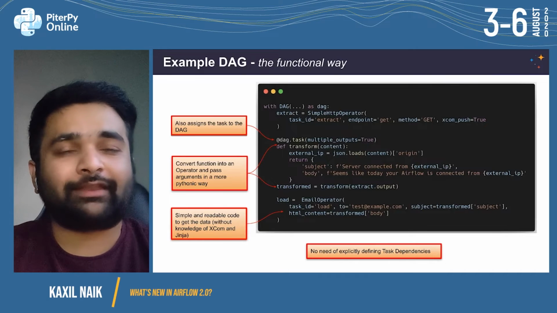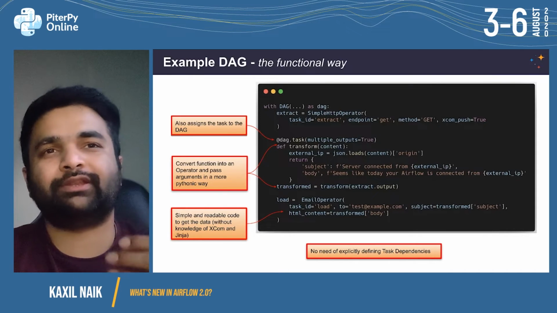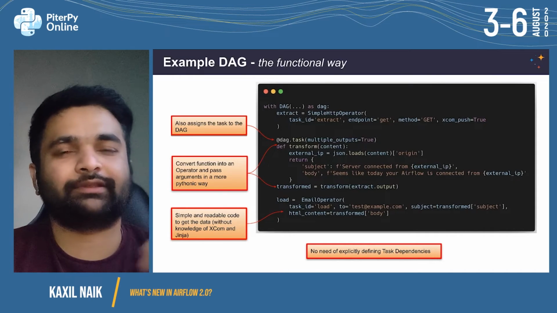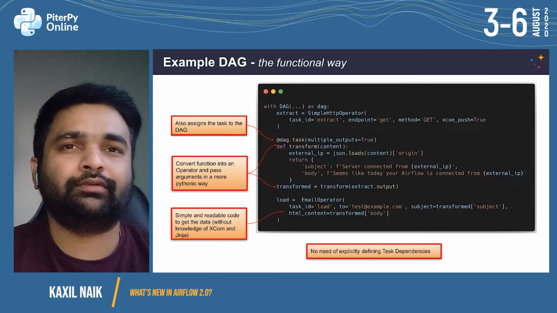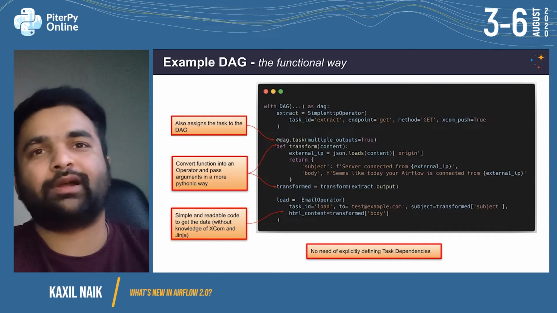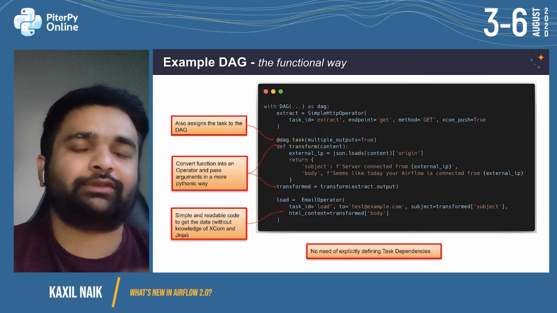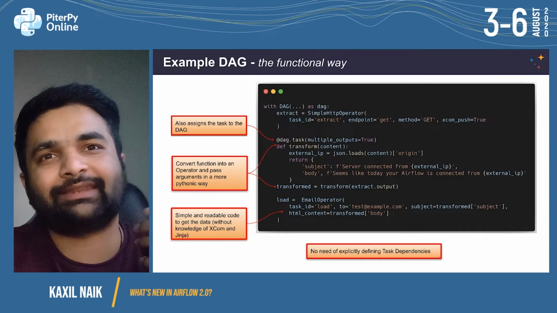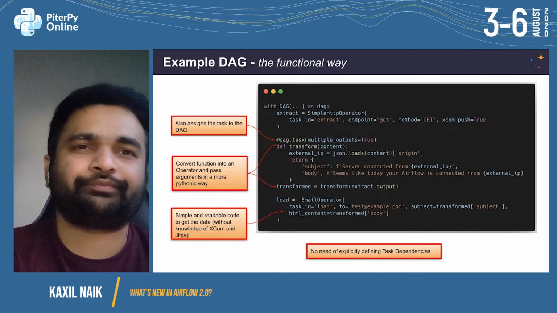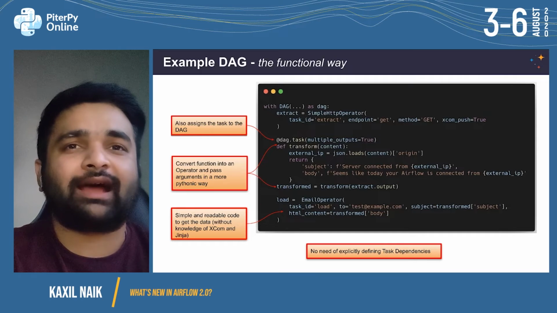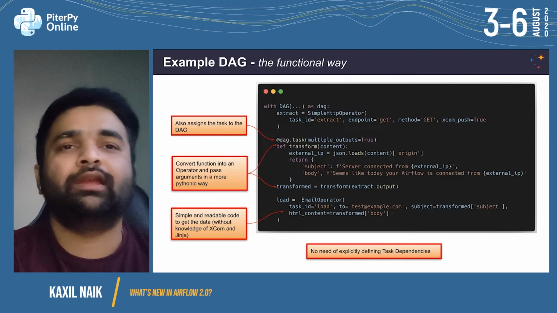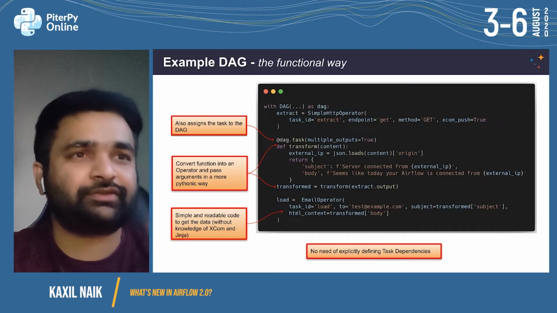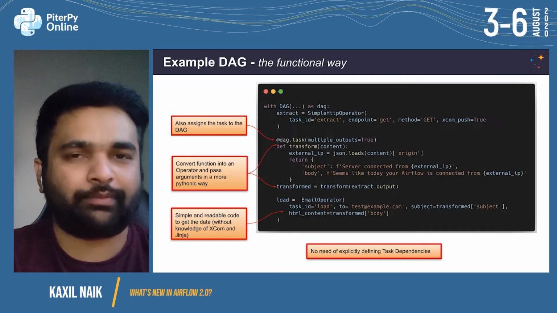You can also pass arguments to your function. Previously, you needed to use op_args and op_kwargs in Python operator, whereas with new functional DAGs, you could pass it in a more Pythonic way. The dag.task decorator converts a Python function into a task using the Python operator.